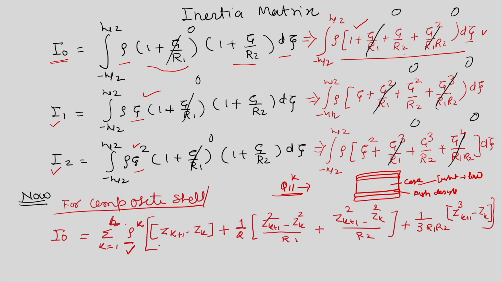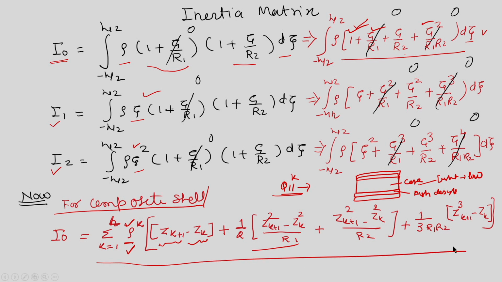So, in that case, rho is a function of the kth layer, with z(k+1) minus z(k). This gives the first term contribution. Similarly, the second and third term contributions can be found for the case of a composite shell. In this way, I0, I1 and I2 are calculated.